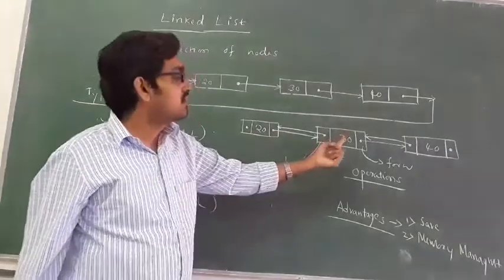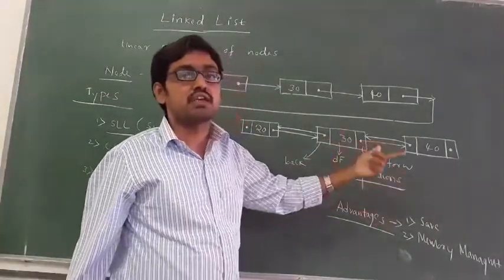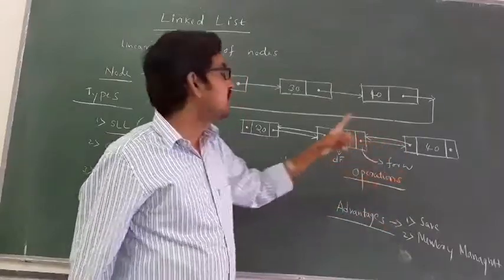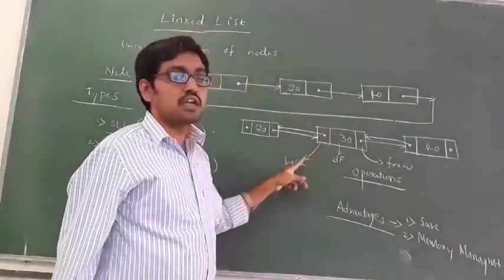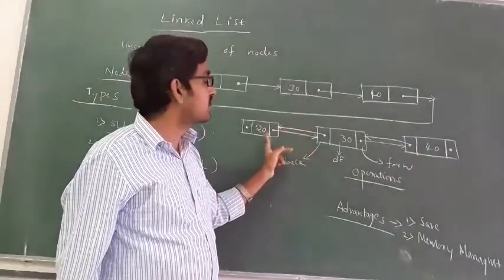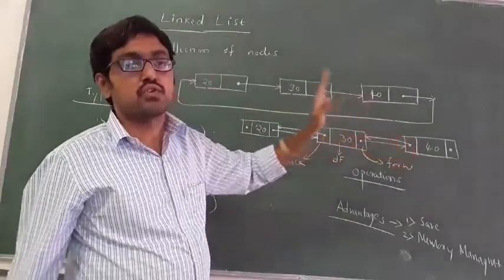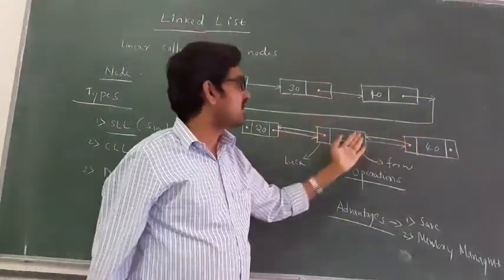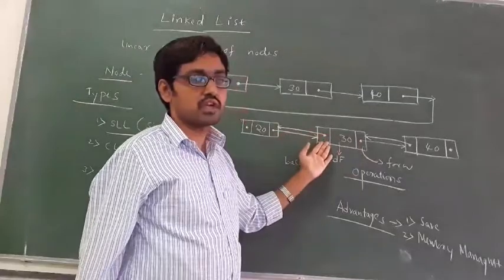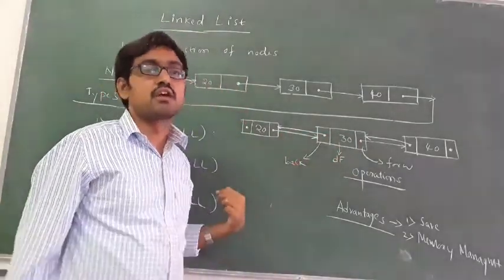The forward link field contains the address of the next node, but the backward link field contains the address of the previous node. The address 40 is stored here and the address 20 is stored here. There is no memory wastage. Got it? That is called a doubly linked list.